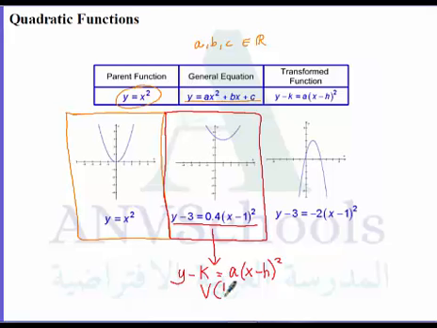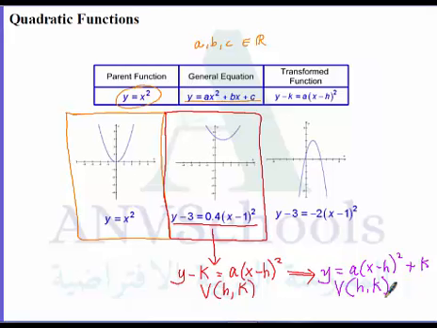The vertex form is y minus k is equal to a(x minus h) squared, or could also be taken as y is equal to a(x minus h) squared plus k, because when you transpose your k it becomes positive k, but they still have the same vertex h and k.